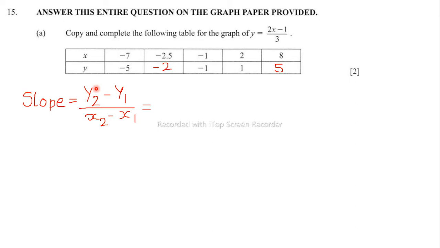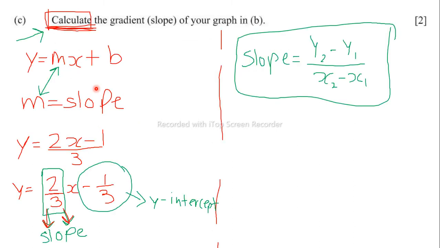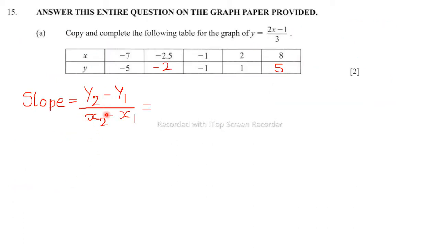That's the thing. When we did this, we didn't really calculate it, we just identified it. We didn't really calculate to show that it's 2 over 1. But when we use this formula, we're actually going to be doing some calculations, and that's why we have to do it this way. Understand?